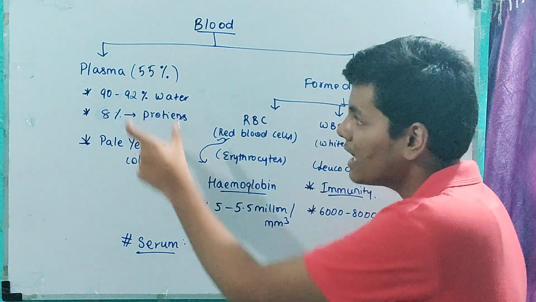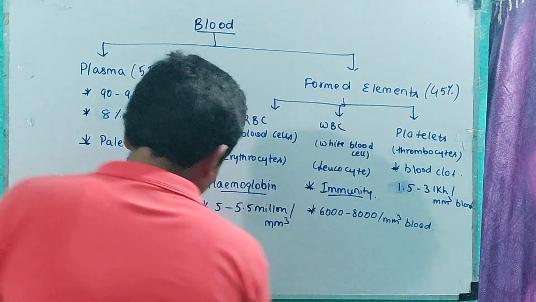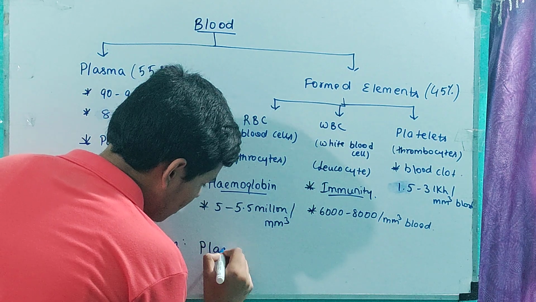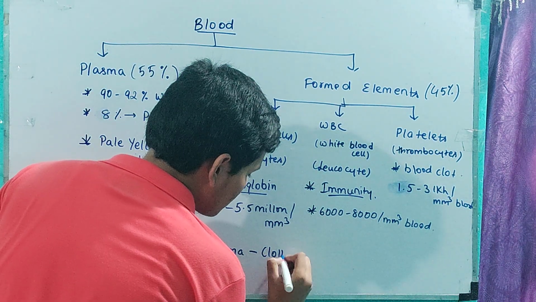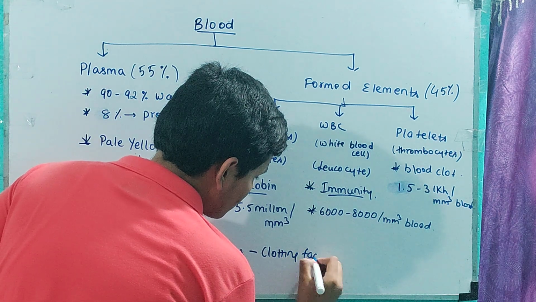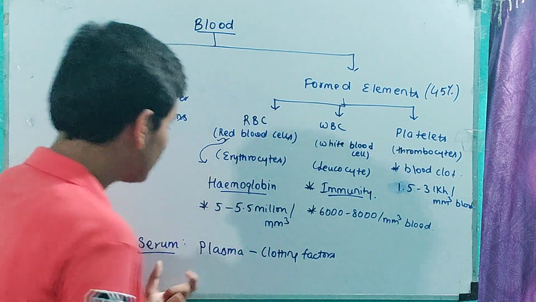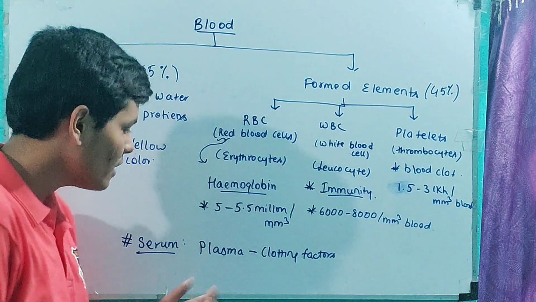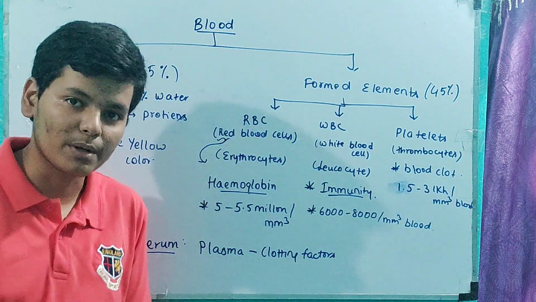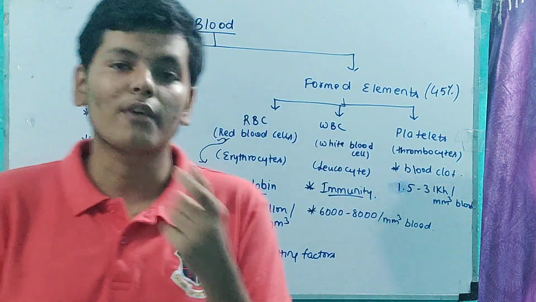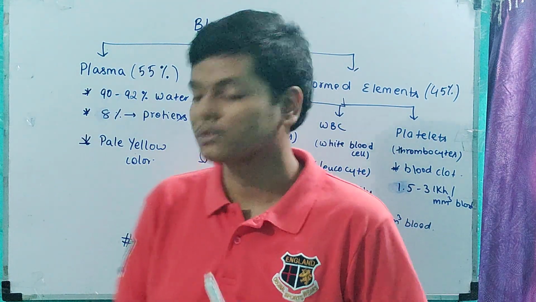Now what is serum? If from this plasma we remove the clotting factors, then it is called serum. The clotting factor inside the plasma is nothing but the fibrinogen. If we remove fibrinogen protein from the plasma, then the remaining part is known as serum.